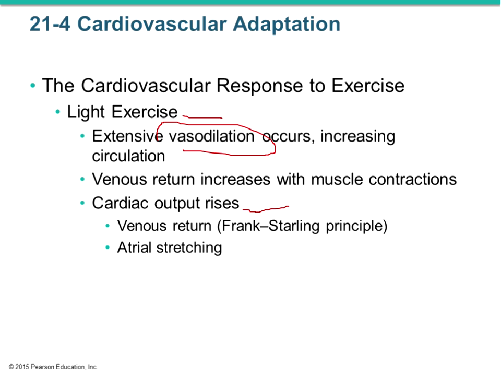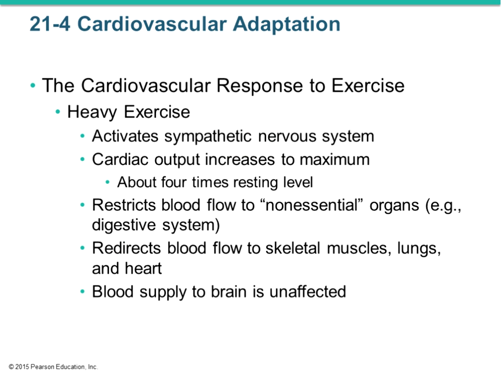And so as a result, cardiac output goes up with exercise. It's called the Frank-Starling principle, that as venous return goes up, you're going to see arterial stretching, and again, you're going to get more blood flow pumping throughout the body. Okay? And after heavy exercise, we see sympathetic nervous system activated, cardiac output goes way up.